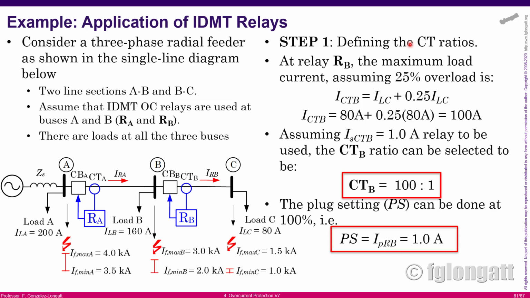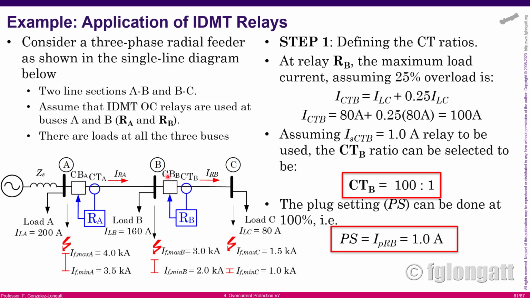In this case, we need to define the CT ratios. Again, it's typical that for overcurrent protections, we start from the tail of the feeder and then we move to the head. For that reason, we will start with relay B, okay?